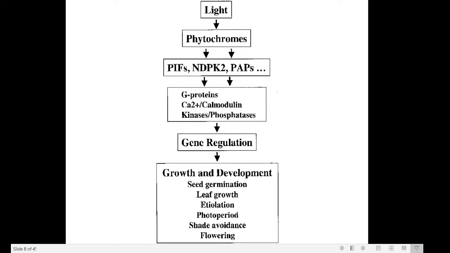Then it activates the G protein, calcium, calmodulin and kinase phosphatase pathways, and gene regulation happens. This gene regulation promotes seed germination, leaf growth, de-etiolation, photoperiod, shade avoidance and flowering. All of these depend on phytochrome signaling.